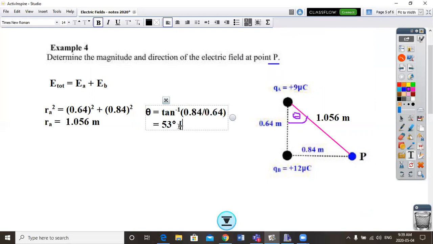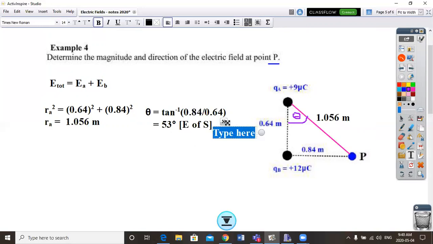That would be east of south. So we'll just use that as our direction. If you wanted south of east, then you would just subtract it from 90 and get 37 degrees south of east, but we'll stick with the 53.